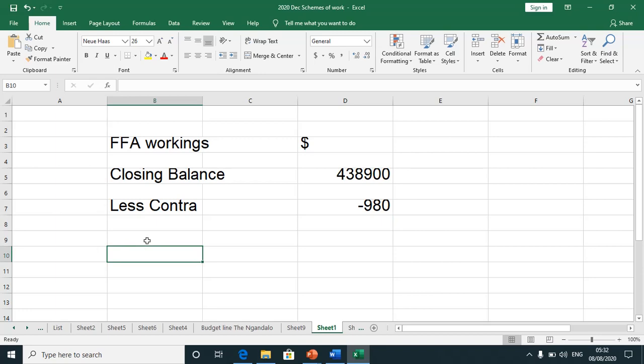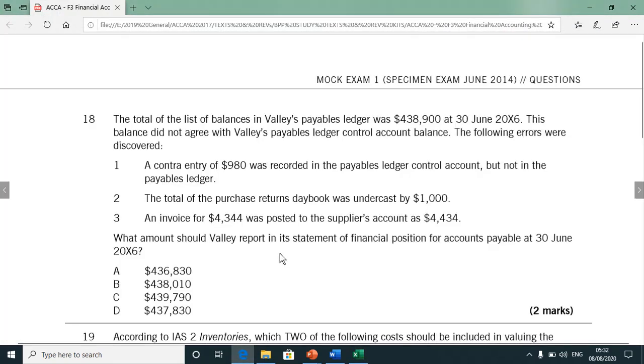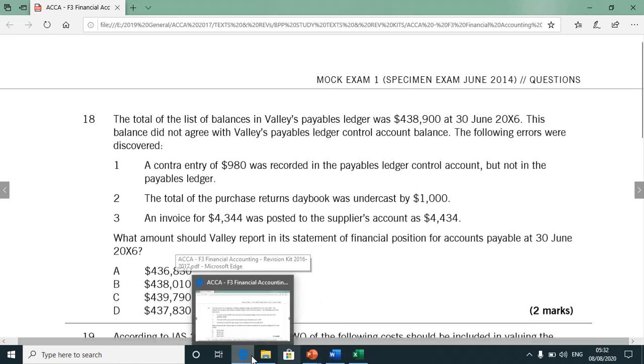Okay, and then we say the transposition error, an invoice of 4344 is recorded as 4434. So there's an overstatement there.